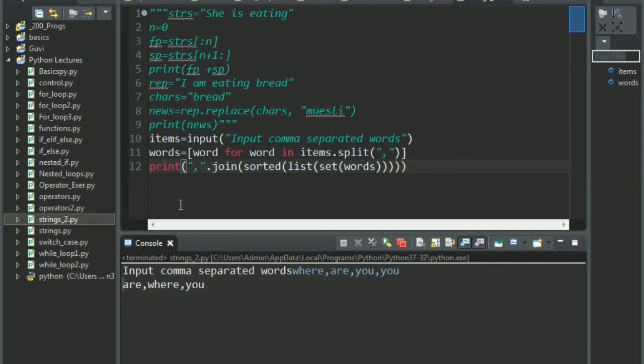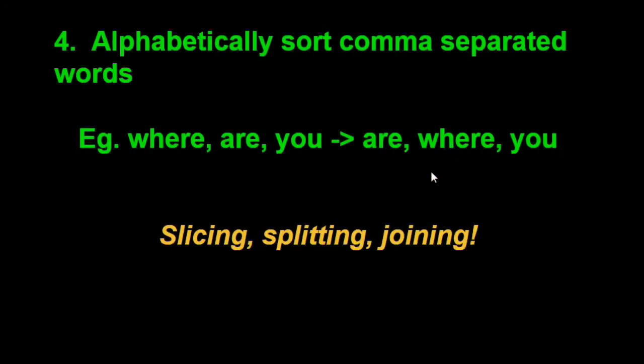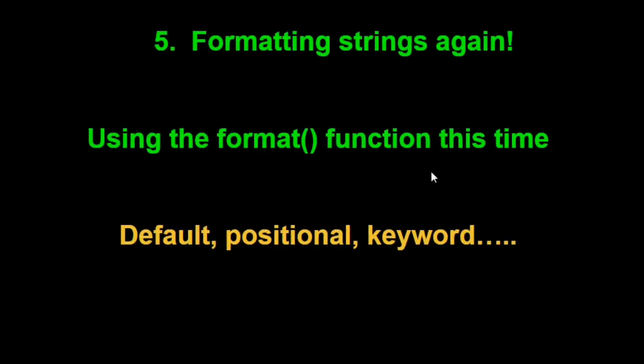Now let's go ahead, and as I said in the last lecture, we'll be trying out a few more types of formatting of strings. So we shall do this now. Last class we had learned how to use f-string, and this time we shall be using the format function to format the string.